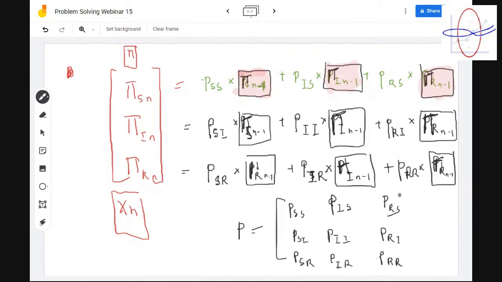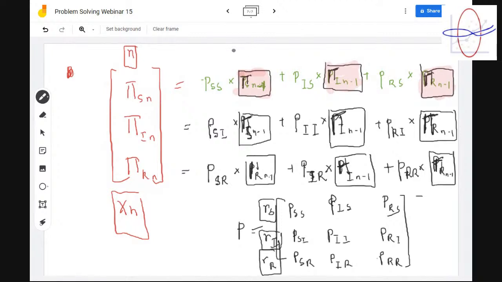Observe that what exactly we are doing is multiplying this matrix. Let's call the row vectors RS because it's going from susceptible, RI, and RR.